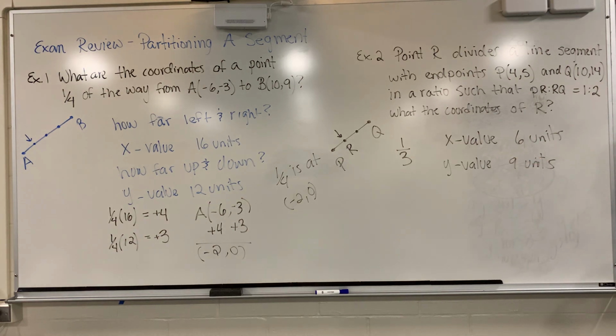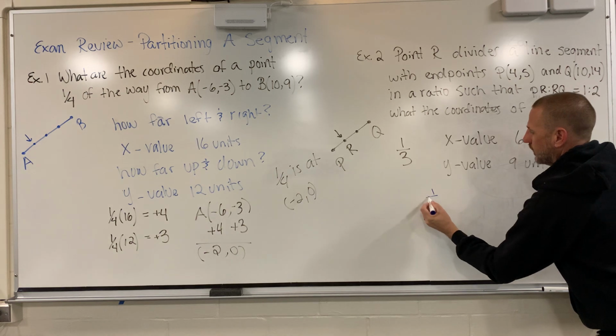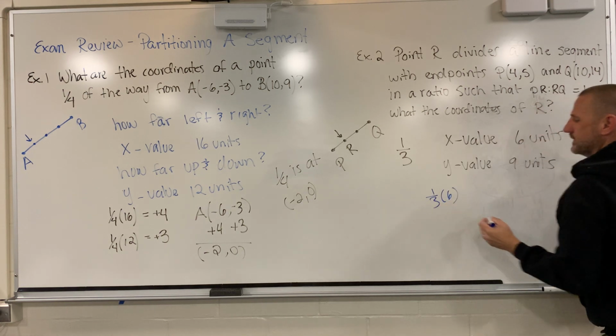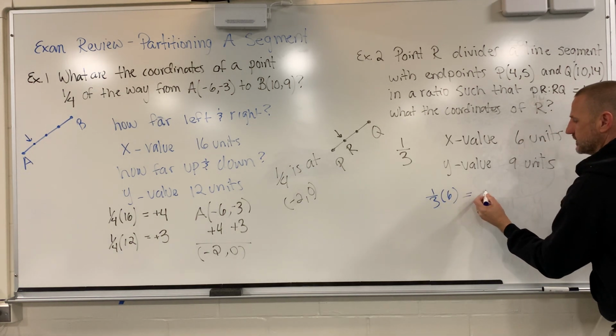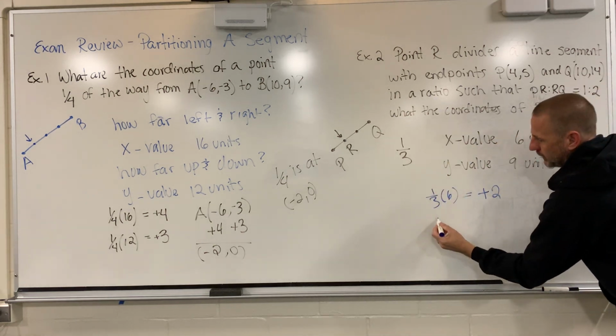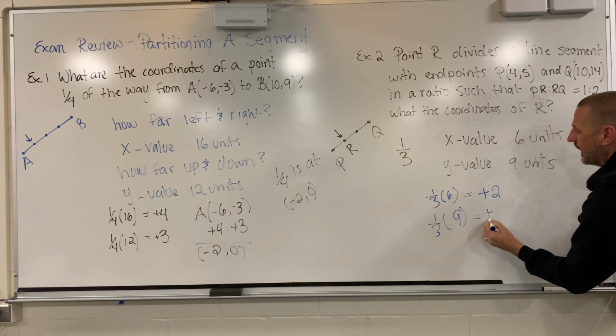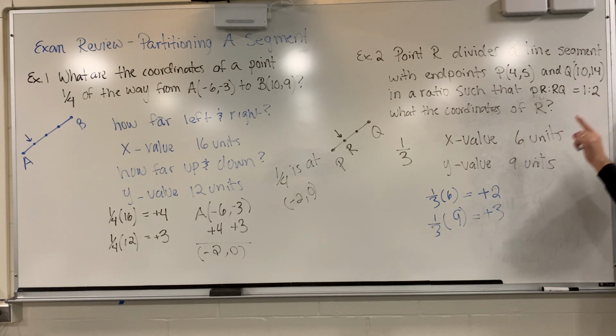So if I need to find a third of them to get the answer, all I got to do is say 1/3 of 6. 1 times 6 divided by 3 is +2 because I went this way. And then the other one, 1/3 times 9 equals +3 because I went up the page. I went from 5 to 14.